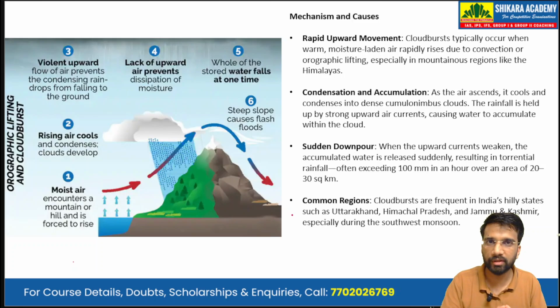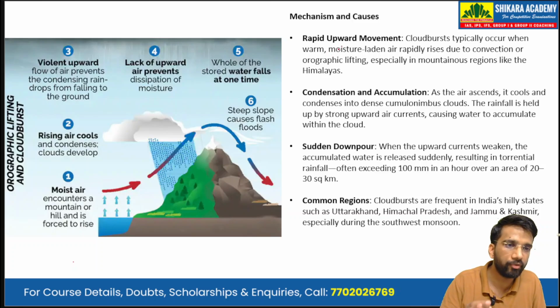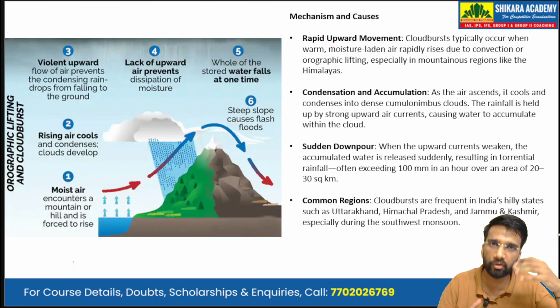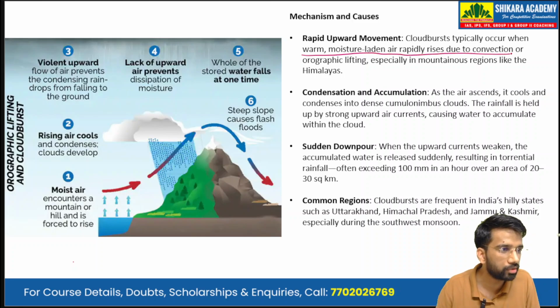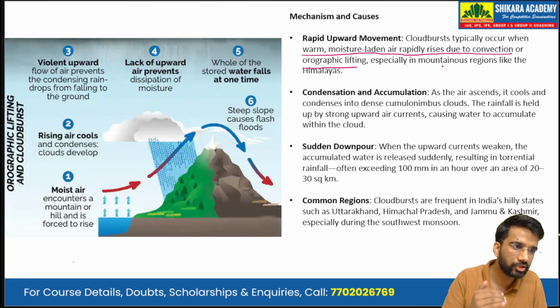Then moving on to the body, we write the mechanism and causes. First, the rapid upward movement, the orographic lifting of air. Cloudbursts typically occur when warm, moisture-laden air rapidly rises due to convection or orographic lifting, especially in mountainous regions like the Himalayas.